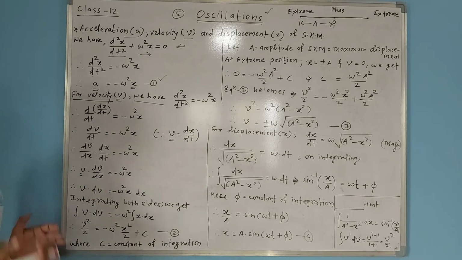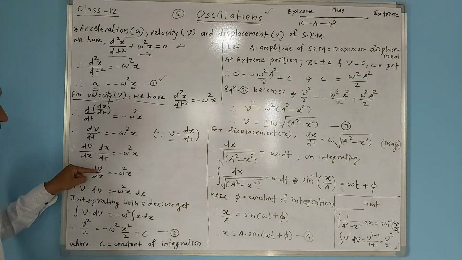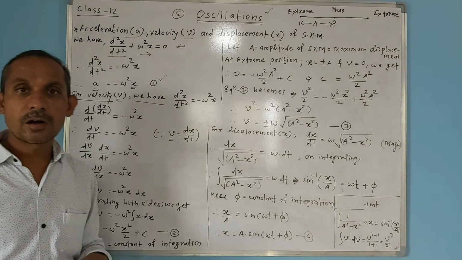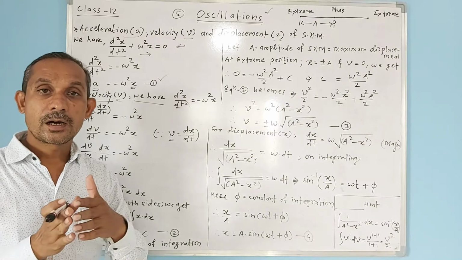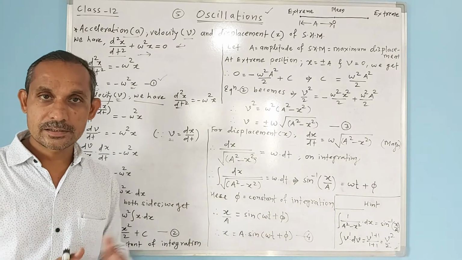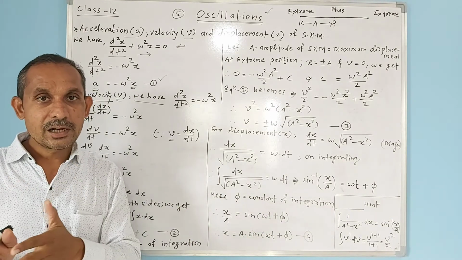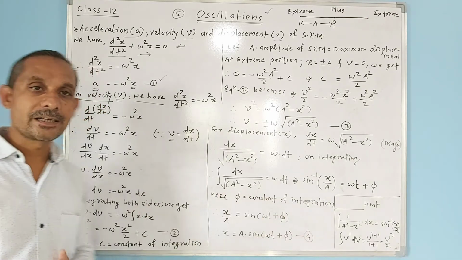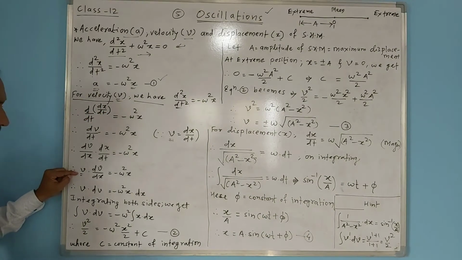See, at the left hand side we are getting two variables. The first variable is the velocity and the second variable is the displacement. So first of all we have to separate the variables. Take the first variable at the left hand side and the other variable at the right hand side. So rearrange this equation.